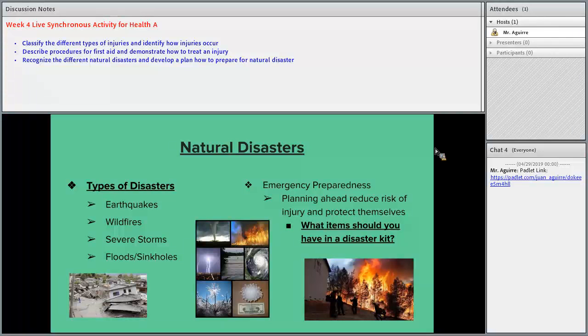So, what items should we have in the disaster kit? Write it down right there under your notes. What are some items that you would have in your disaster kit? If you're thinking of a battery powered radio, good idea. You definitely want to know what's going on outside of the house, or wherever your shelter is.